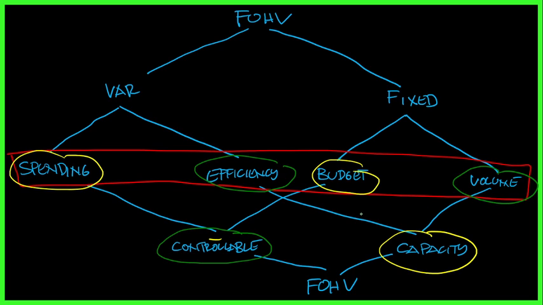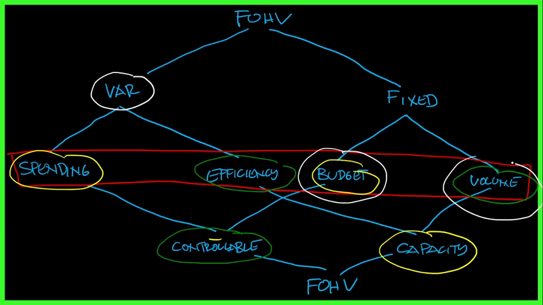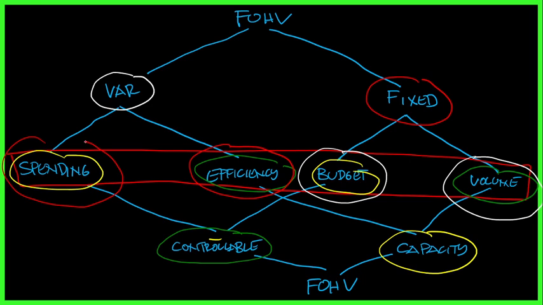So that is your three-way. Or you can start from here. You can have variable overhead variance, and then you have the budget and volume variance, or you can have your fixed overhead variance, and then you have your efficiency and spending variance. So there are four kinds of three-way analysis.